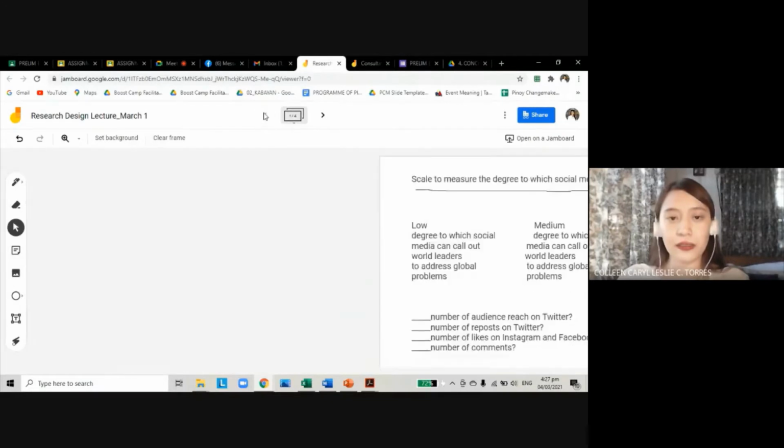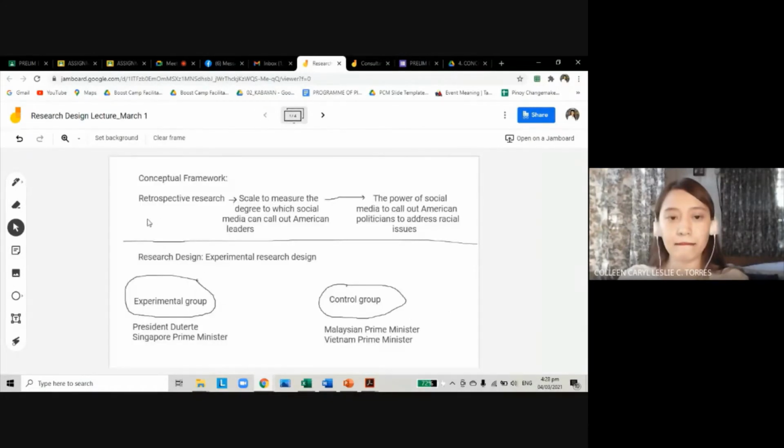Okay, so supposing the conceptual framework would look something similar to secondary data: sifting through Twitter, Instagram, TikTok, many of them.